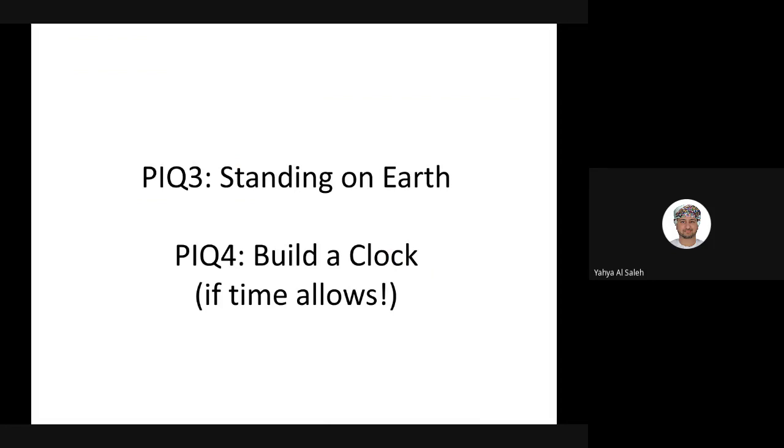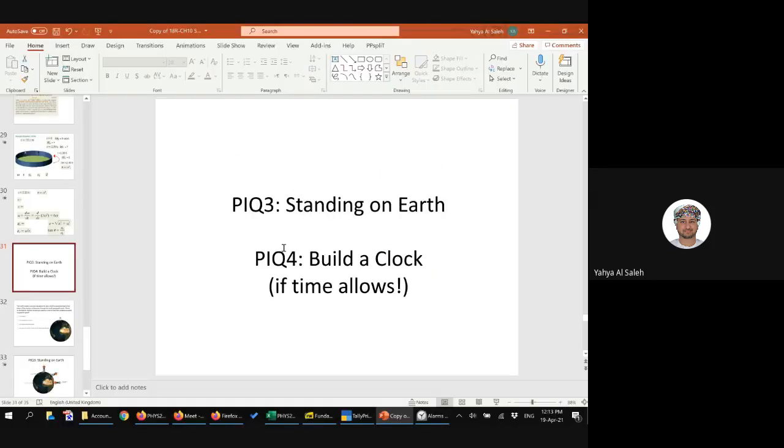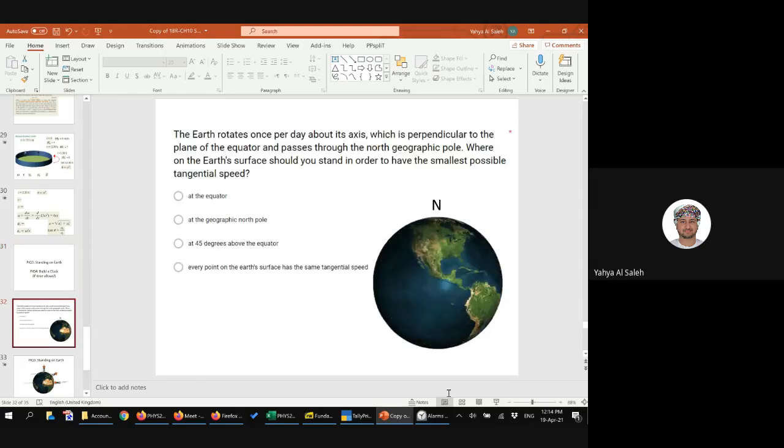Okay. Let's see if we have understood this properly. PIQ3.